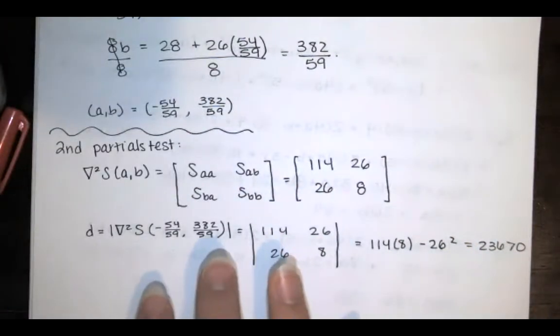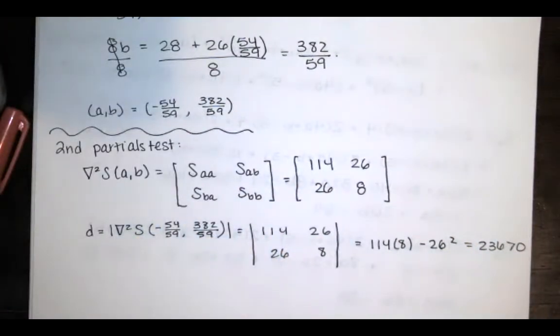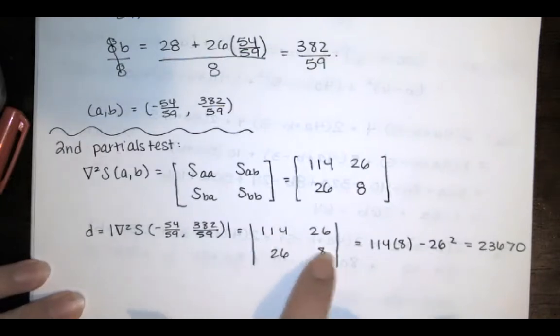If that determinant is positive at the critical point, what that's telling you is that locally, this surface looks like an elliptic paraboloid, either facing up or facing down. To distinguish between those two, we look at the signs of the terms on this diagonal.